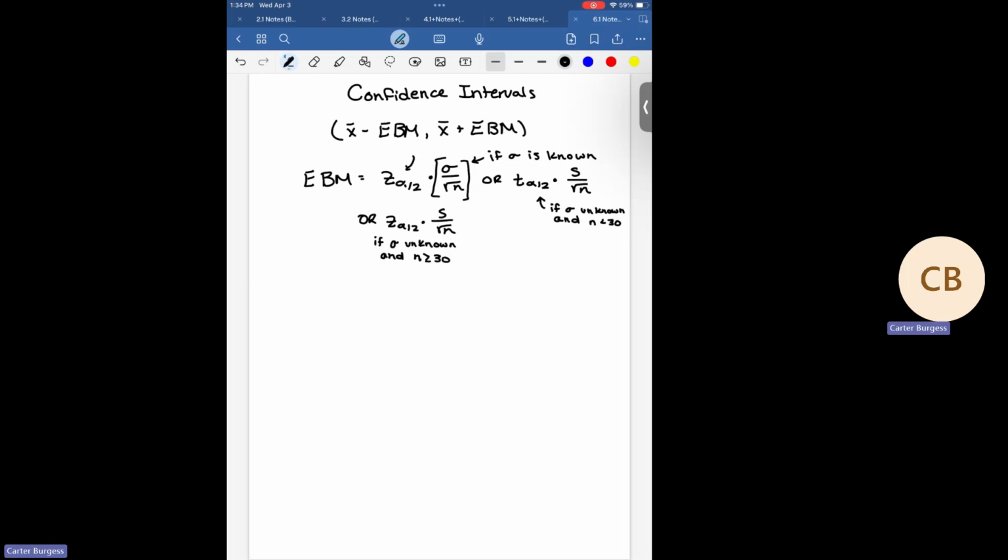The sigma is just the original population standard deviation. But how have we transformed it into a sampling standard deviation? What have we done to sigma or s? Divided it by the square root of n. This act of dividing by the square root of n is what transforms it into this sampling standard deviation.